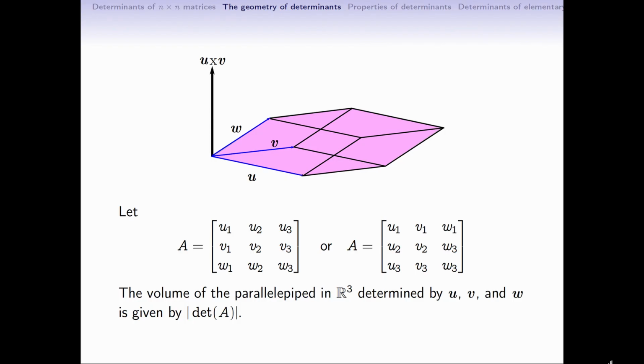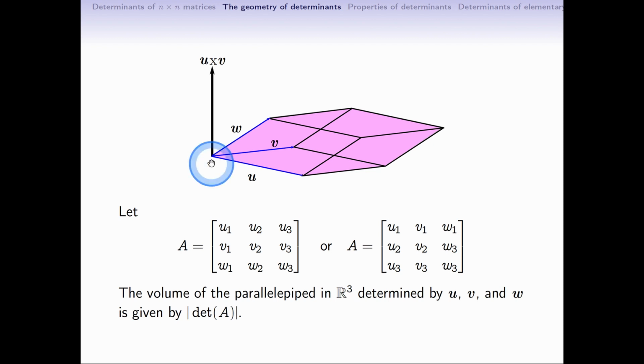Now there's a higher dimensional analog of our theorem about areas. So in this setting, let U, V, and W be some vectors in R3. Now what we want to do is calculate the volume of the parallelepiped determined by the vectors U, V, and W. And it turns out we can simply do what we did before.